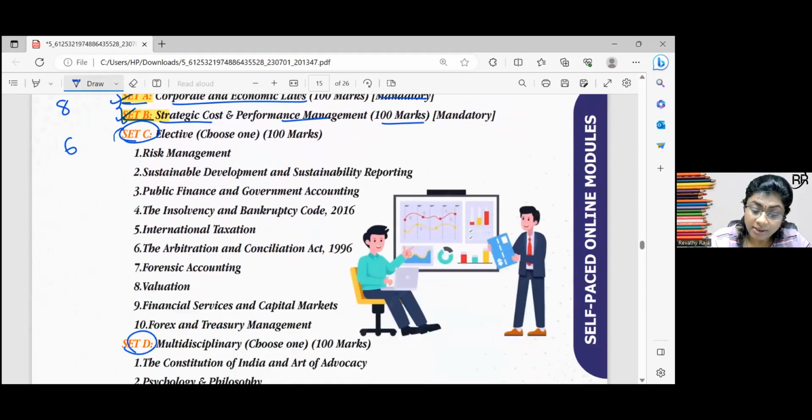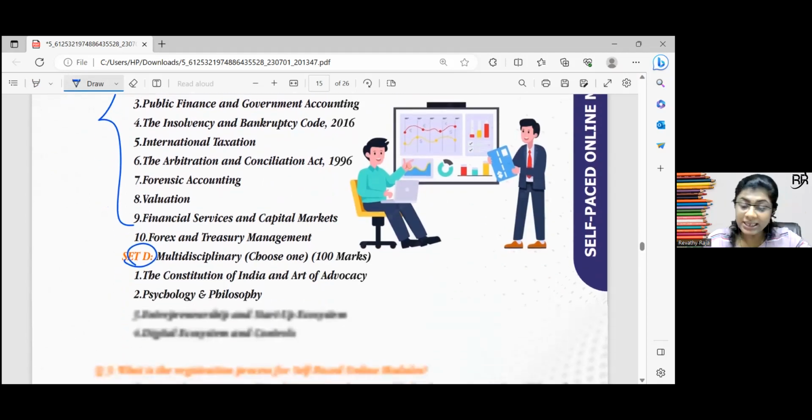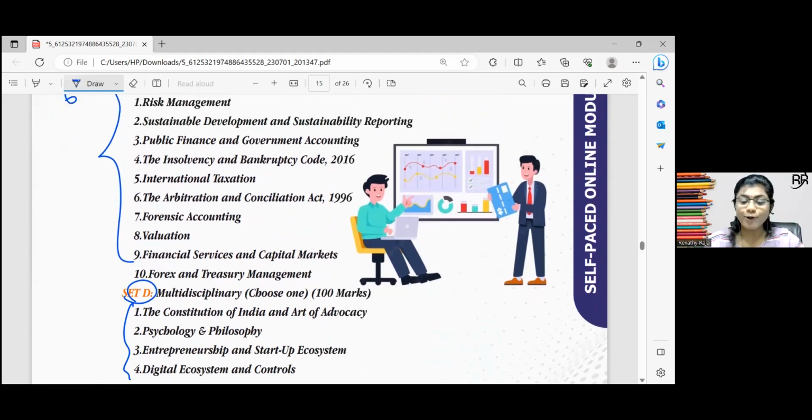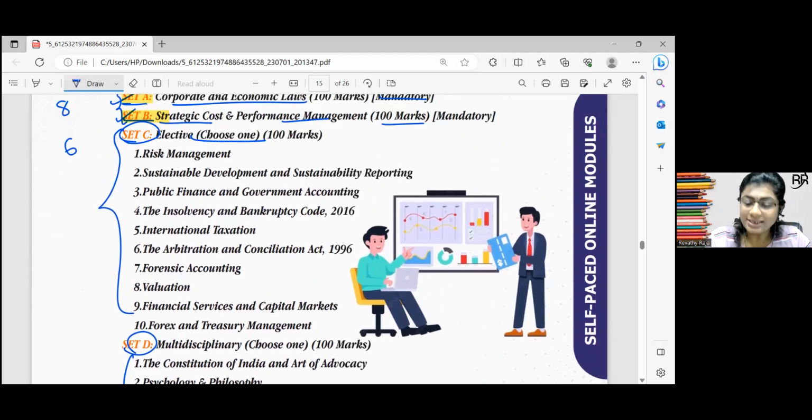Now regarding set C and set D. In set C, we have 10 subjects of which we can select any one, and in set D, we have 4 subjects of which we can select any one. So you have an ample number of options. See the subjects: risk management, sustainable development, sustainability reporting, public finance, government accountancy, IBC, international taxation, arbitration, forensic accounting, valuation, financial forex.